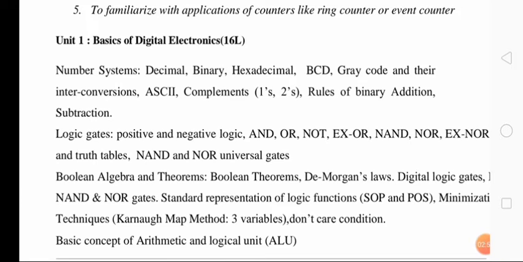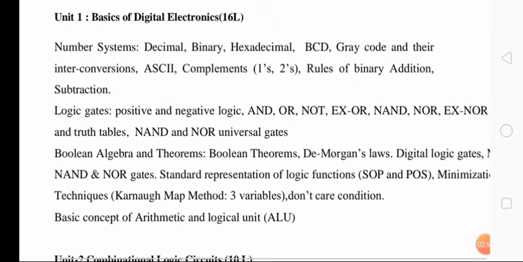Interconversion means one form of number system can be converted into another form. In this, you are going to learn ASCII code. Then you will learn complements, ones complement, twos complement. The next point is rules of binary addition and subtraction. So this is all about the basics of number system.